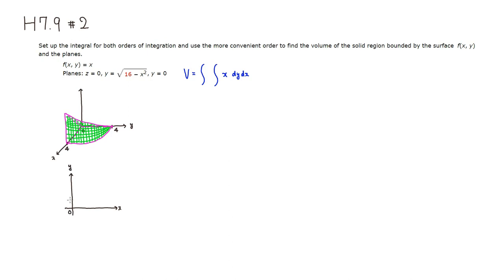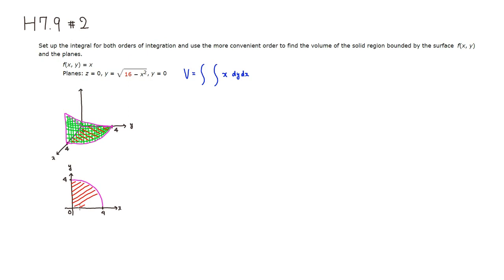We're looking at the base, this bottom region. If you sketch that, it's a quarter disk that looks something like that. The radius is 4, so this is 4 right there, and this is 4 there. The region here is the base region.